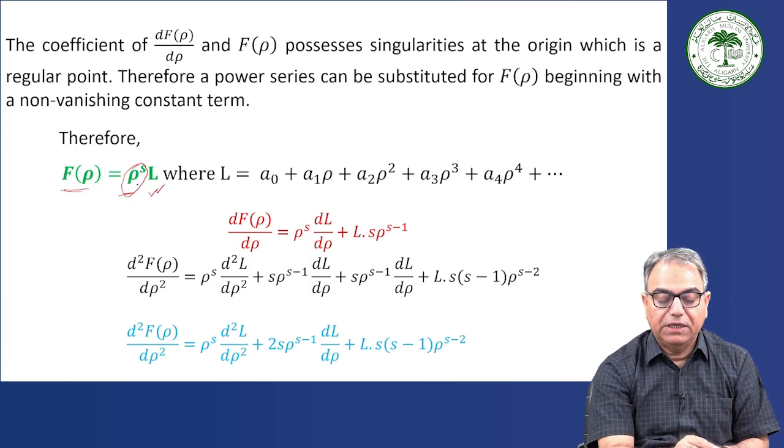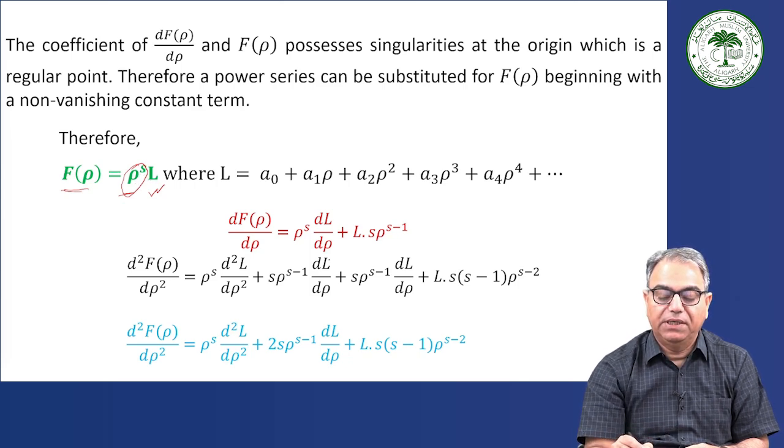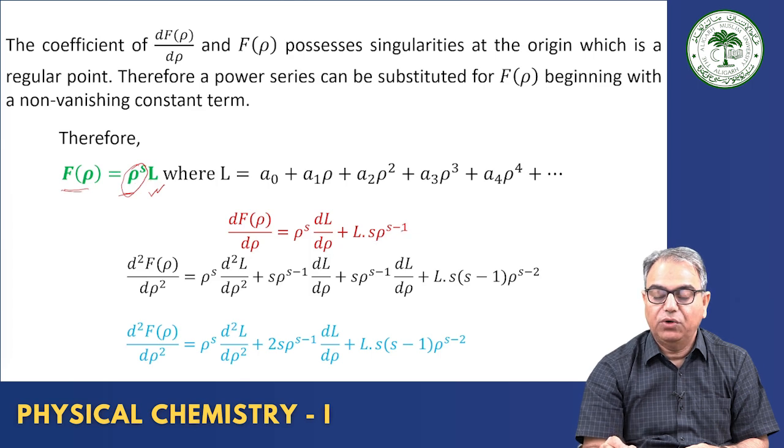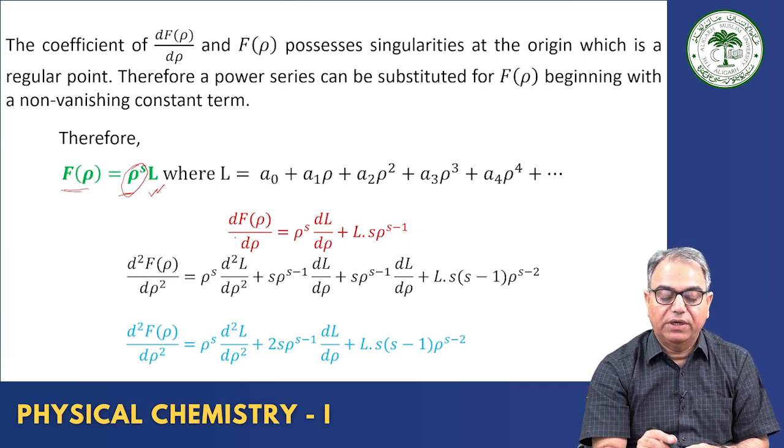You differentiate keeping rho raised to the power s constant, and then differentiating L, dL divided by d rho. Then keep L constant and differentiate this. This will be s rho raised to the power s minus 1. So, f you can differentiate.